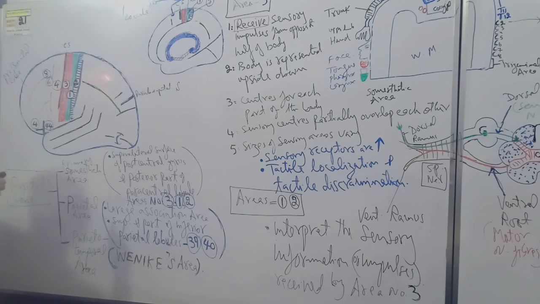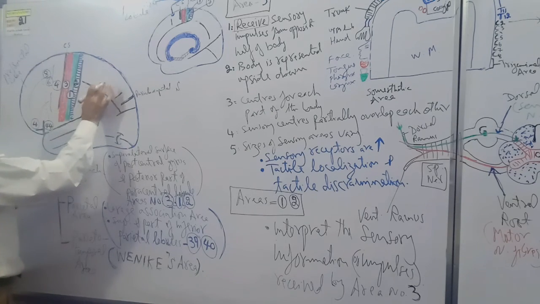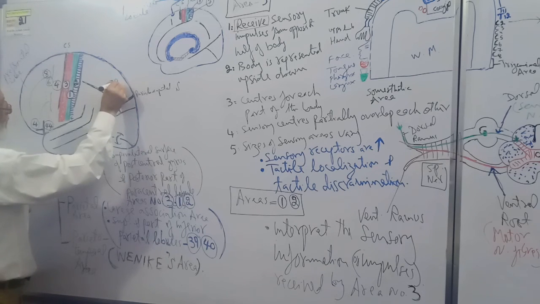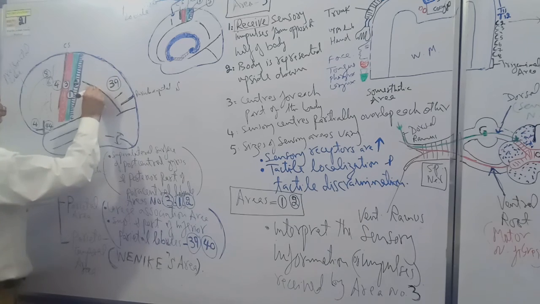So this is the parietal area, and this parietal area is numbered by Brodmann. The superior parietal lobule and upper part of the inferior parietal lobule are Brodmann cortical area number 39, and Brodmann cortical area number 40.